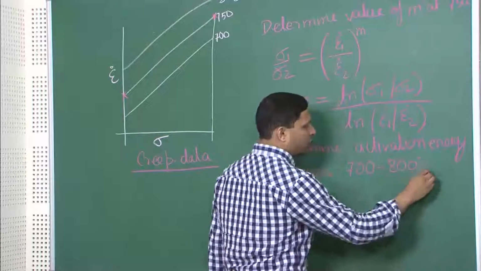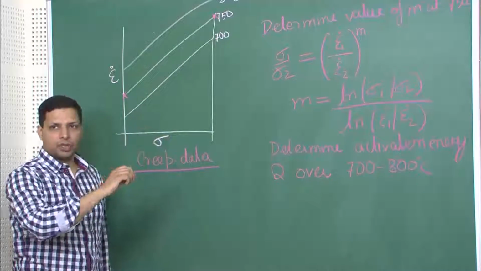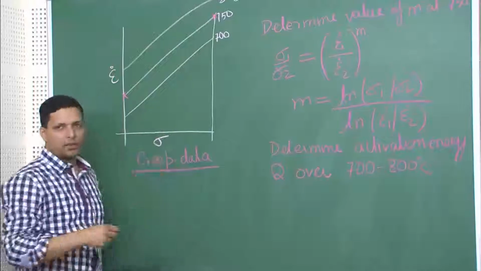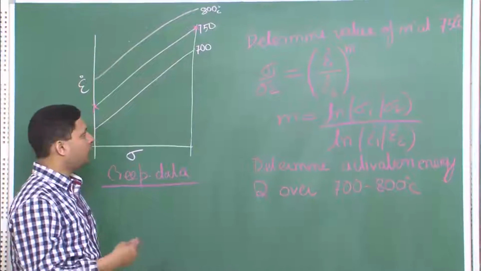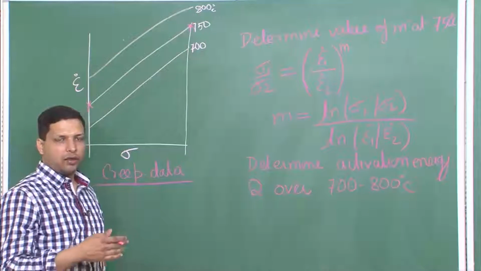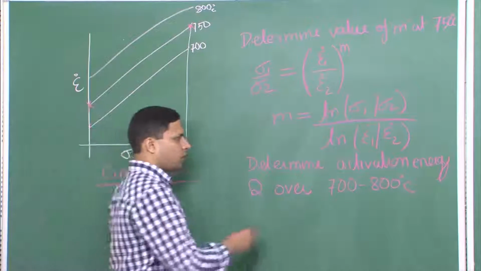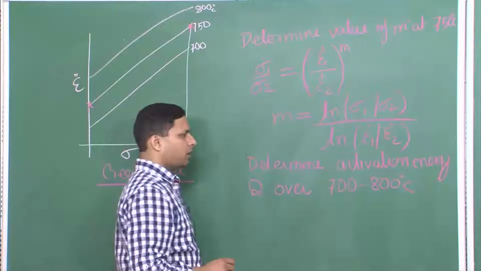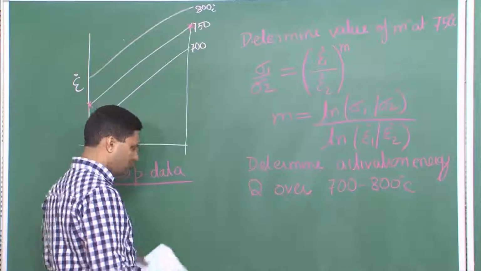When you are doing this calculation, you have to first assume that the activation energy does not change, that is, the mechanism of deformation does not change over the temperature range 700 to 800. If it is changing, then you may have to obtain the values for two different temperature ranges. So, let us say that in this temperature range the mechanism is not changing, and therefore the activation energy is not changing.